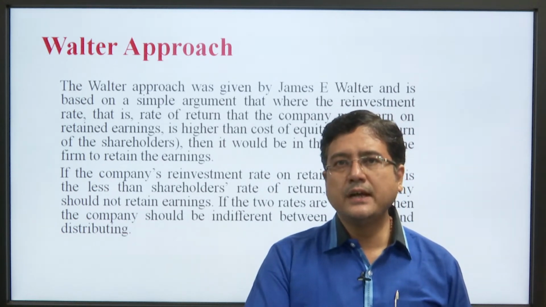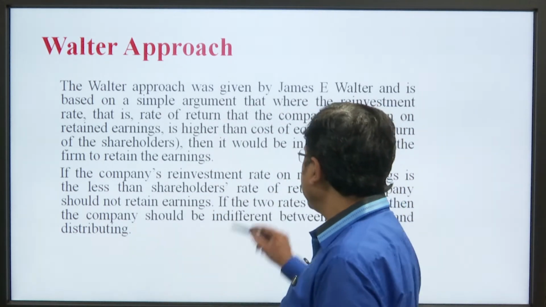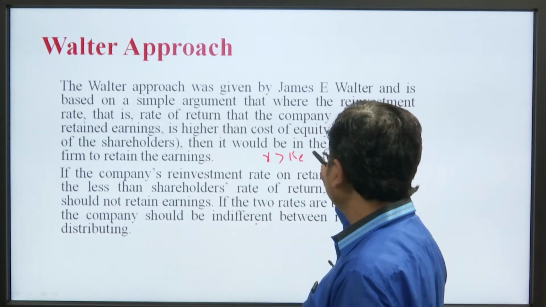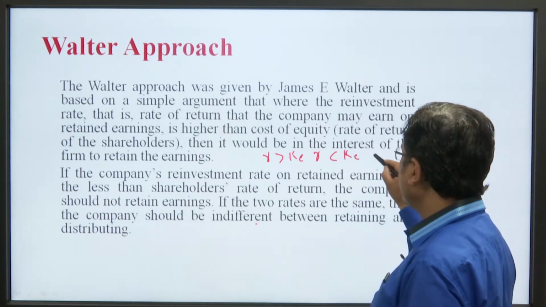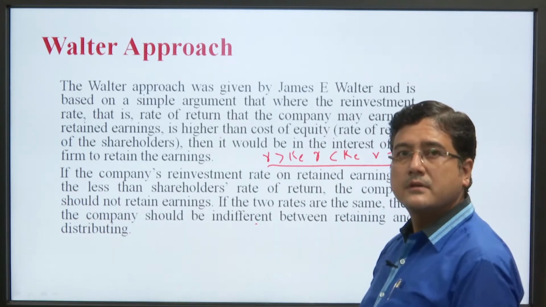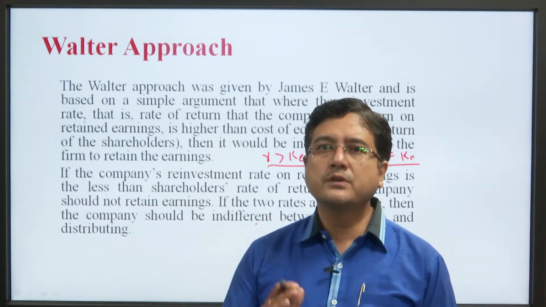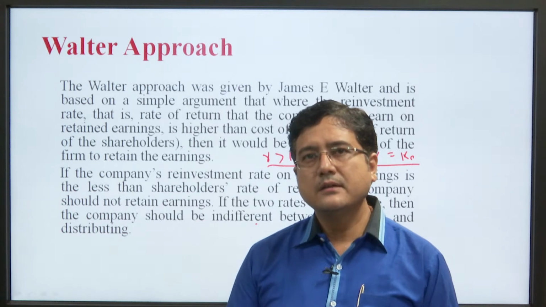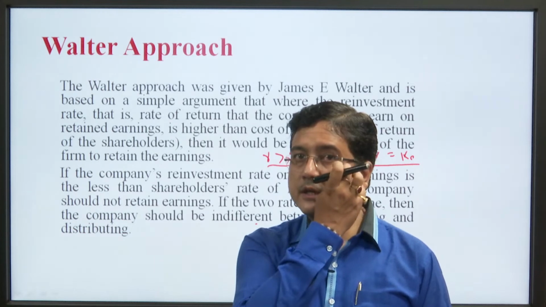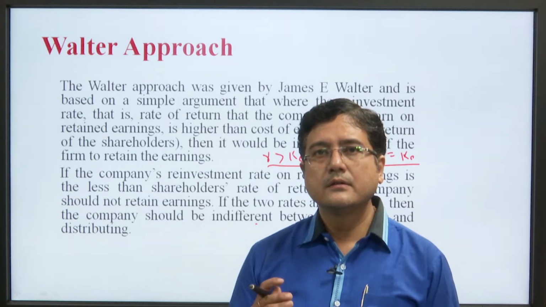So, there are three cases: either R greater than KE, R less than KE, or R equals KE. R is the rate of return on investment, K is the cost of equity. So, if the company invests at a higher rate of return than the cost of equity, only then can the company retain earnings.